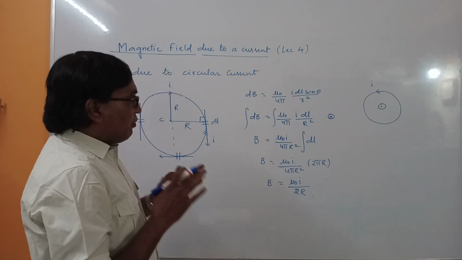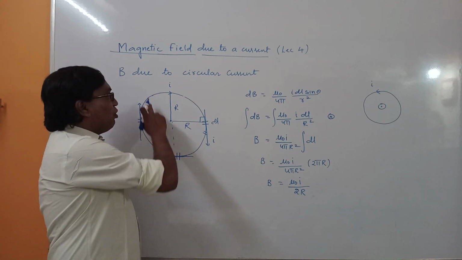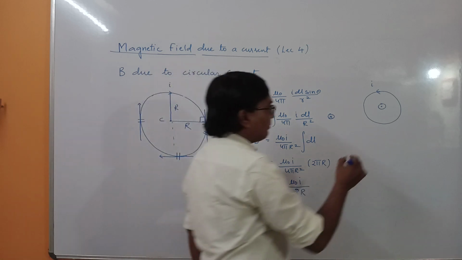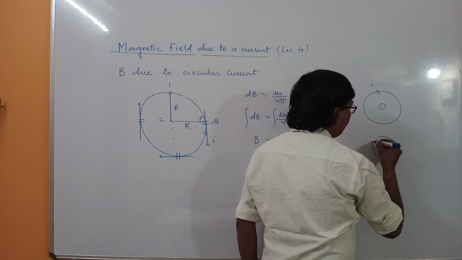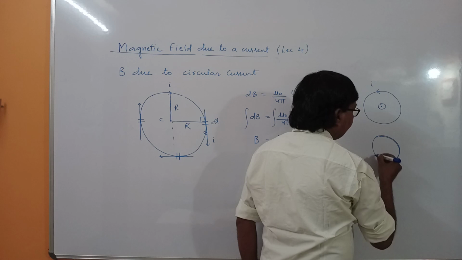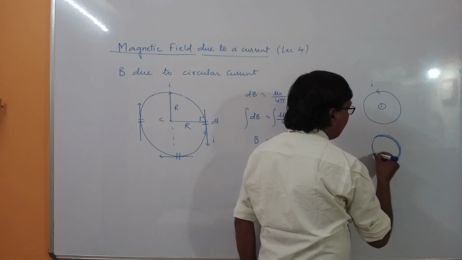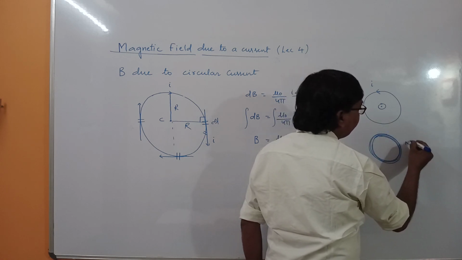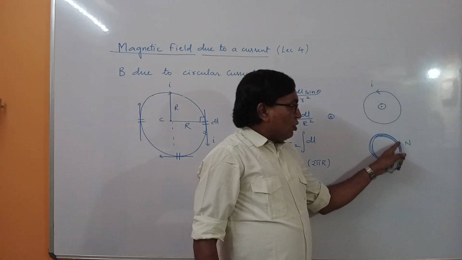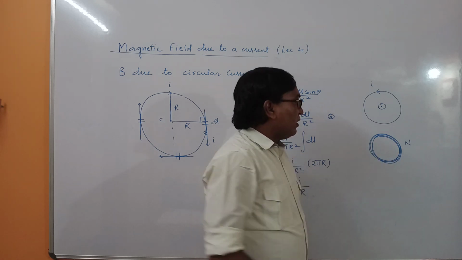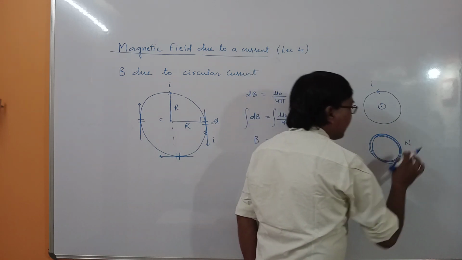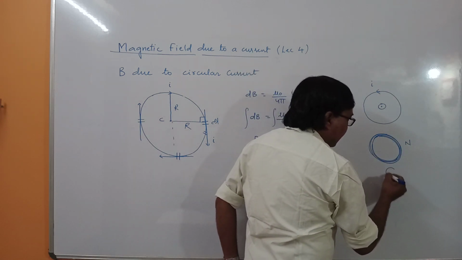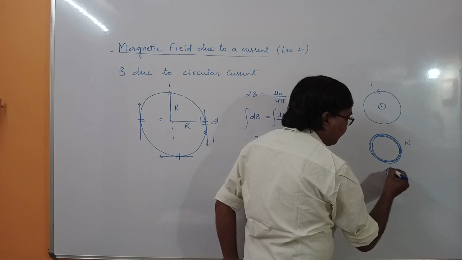Fine. Now sometimes you have more number of loops. We have considered a single loop, but we can have more loops. Let us say there are some n number of loops, closely spaced. So we'll neglect any difference in radius, or they can even be placed one above the other.